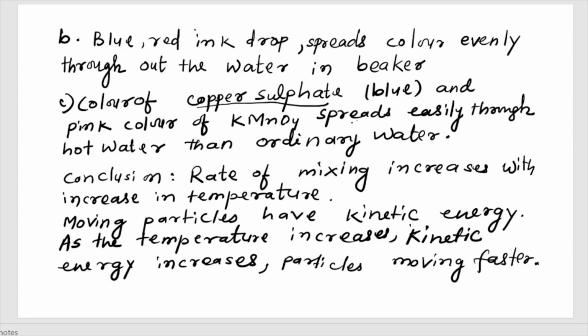If you make the water hot, the color changes more speedily. That means on heating, the particles move very speedily. Conclusion: the rate of mixing increases with an increase in temperature.